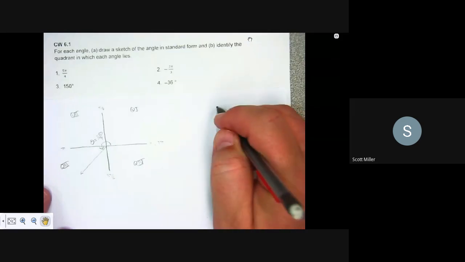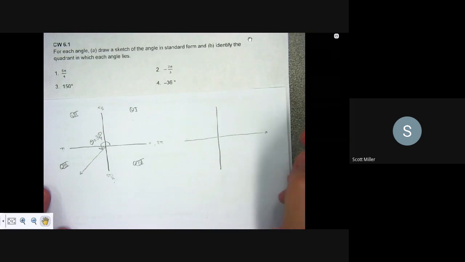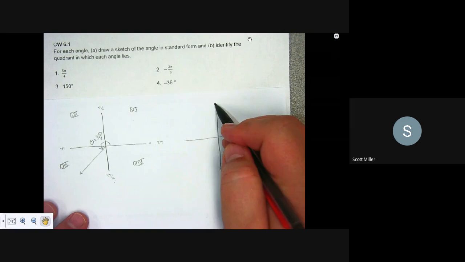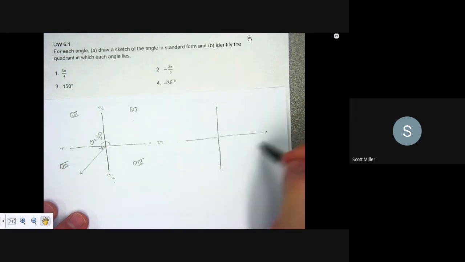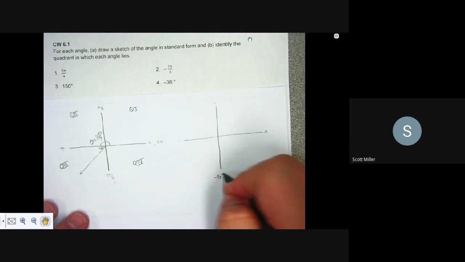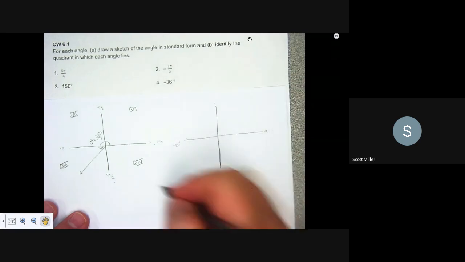Let's do a negative angle. We'll do negative 36 degrees. Again, remember, this is 0. In degree fashion, if I was going in a positive direction, this would be 90 degrees, 180, 270, and back to 360. So what do negative angles do? Well, it's just the opposite of that. So if this is 0, and this is always 0, going in this direction, this would be negative 90 degrees, negative 180 degrees, and so forth, going in a clockwise direction.